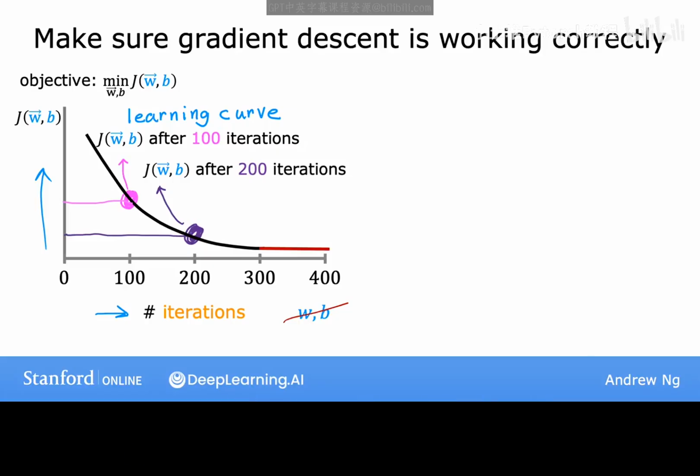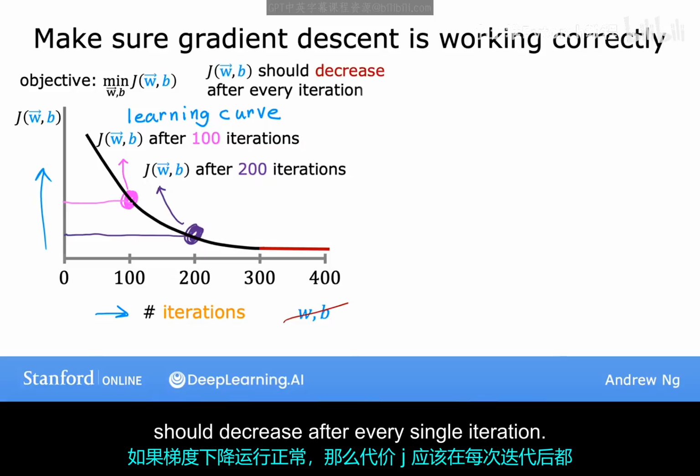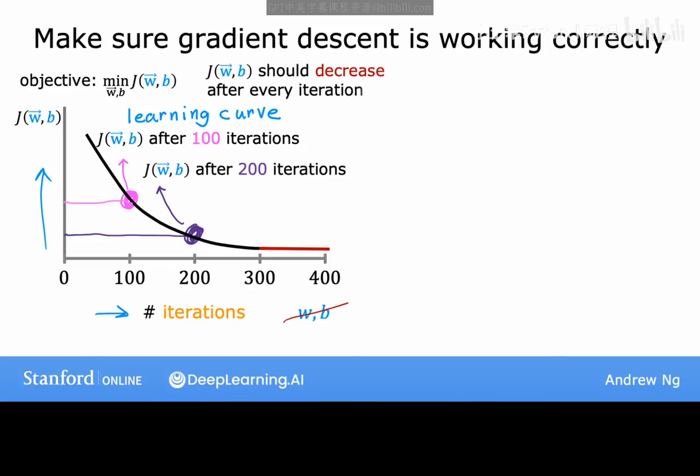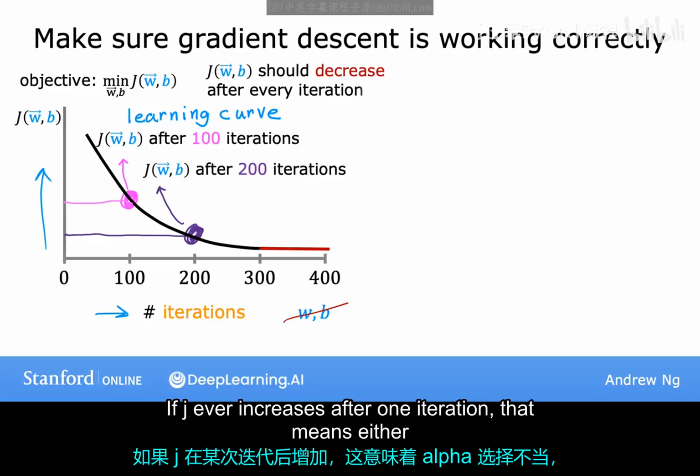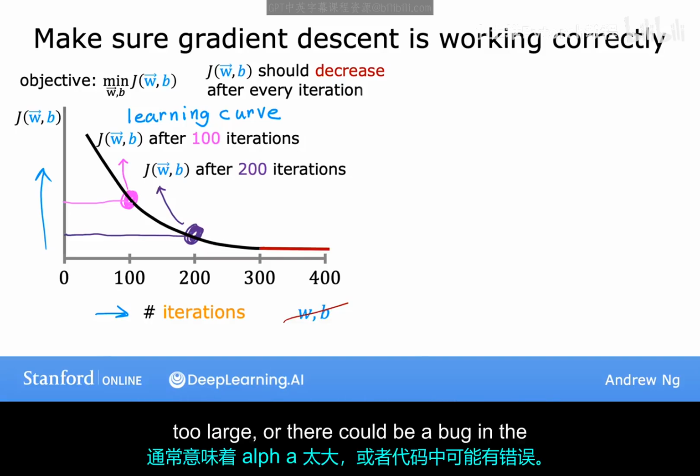So looking at this graph helps you to see how your cost J changes after each iteration of gradient descent. If gradient descent is working properly, then the cost J should decrease after every single iteration. If J ever increases after one iteration, that means either alpha is chosen poorly, and it usually means alpha is too large, or there could be a bug in the code.